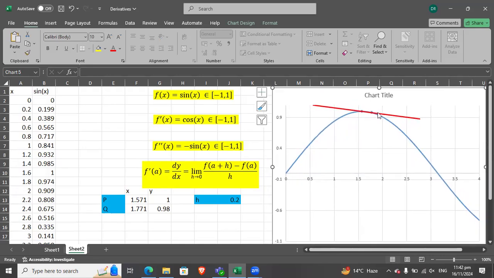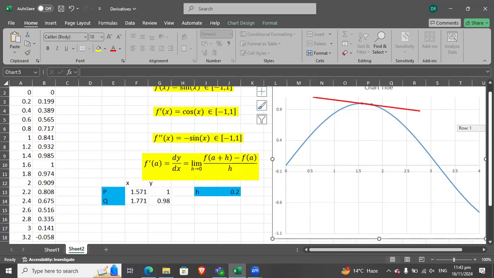and it is above the curve, and the secant line, which is an approximation to the tangent line, seems to be looking downwards. So it is a negative slope value.